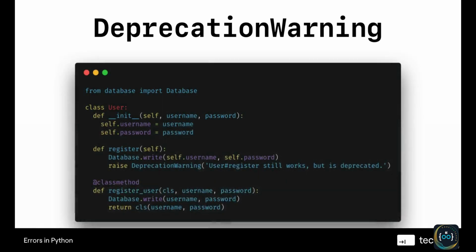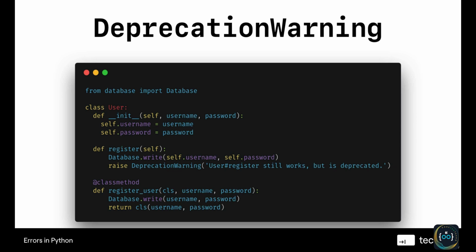Let's look at this example code. We've got a user class, and at the top we've got from database import database. The user class has a constructor, and then it has two methods. A register method, which is an instance method, that writes to the database the username and password of the user. Then it also raises a deprecation warning, and it says, user register still works, but is deprecated.